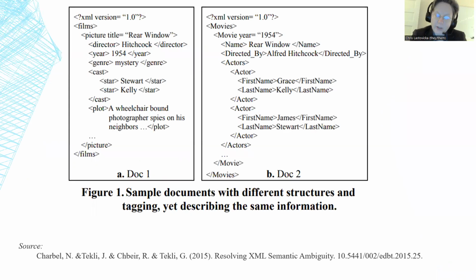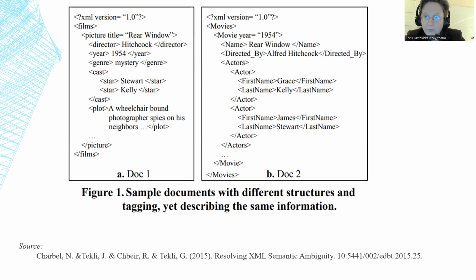Here are two documents that are using some of the same information and content, but presenting it differently, using different labels and elements. For example, right at the root element, at the top you see films on the left.